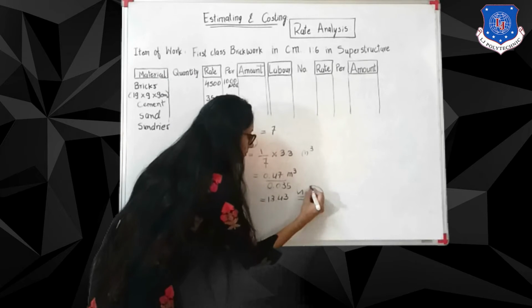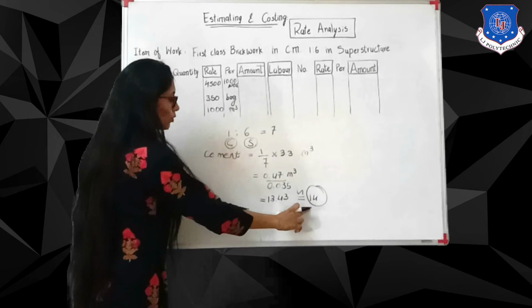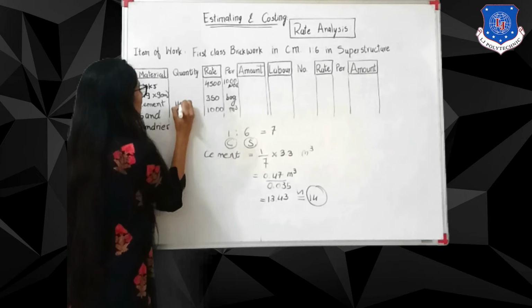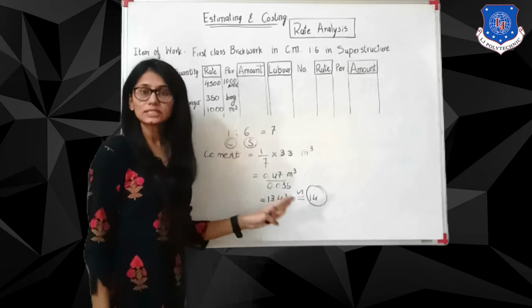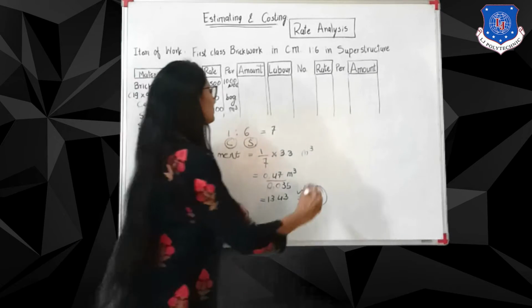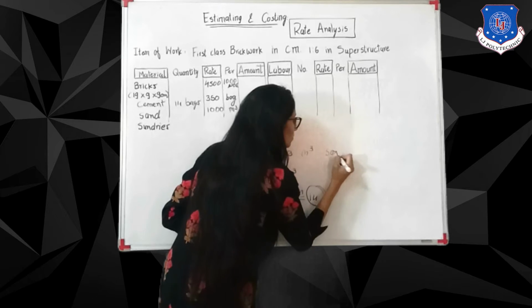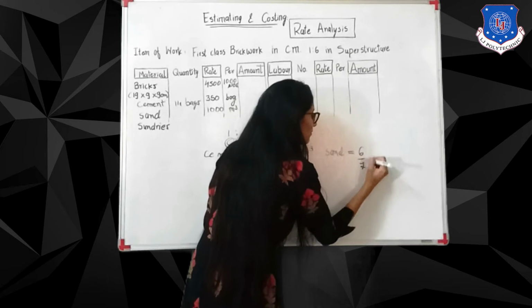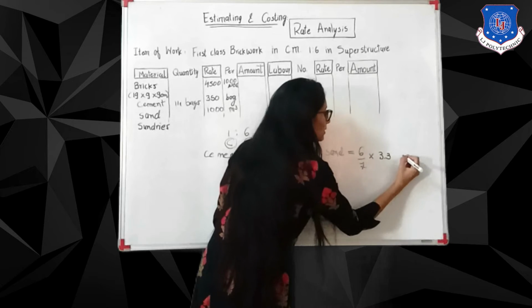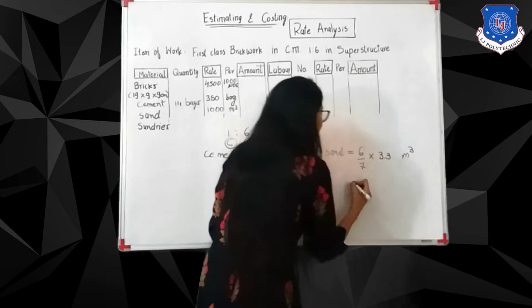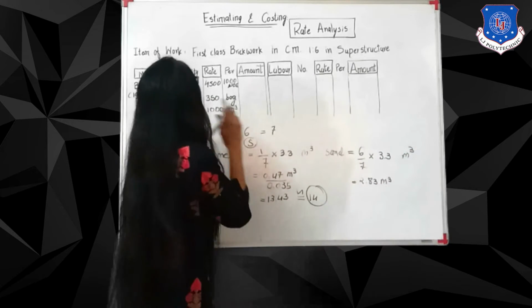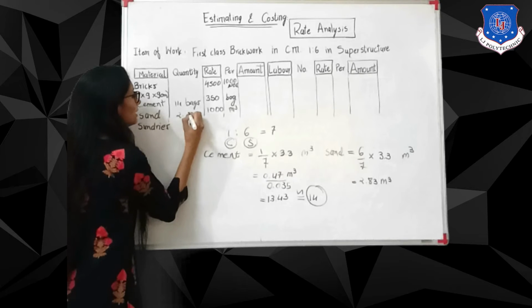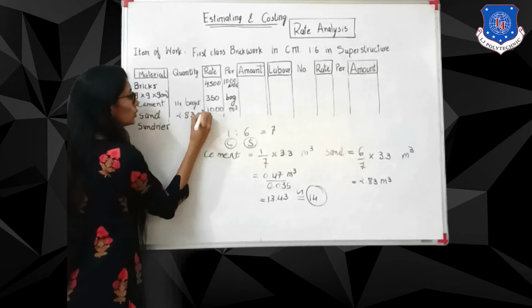Let's say 14 will be the final quantity of cement. In the same way we're going to find the sand, which is 6 parts out of 7 into 3.3 meter cube. So I'm taking this amount here. Sand will be 2.83 meter cube.